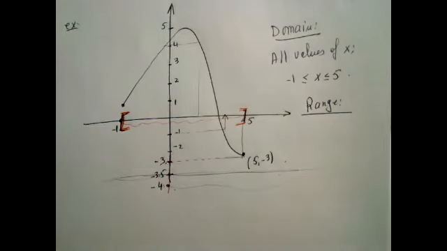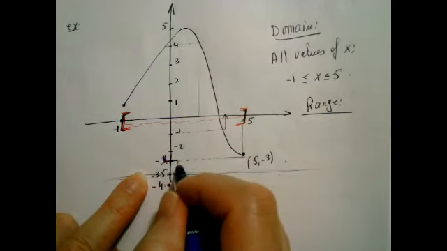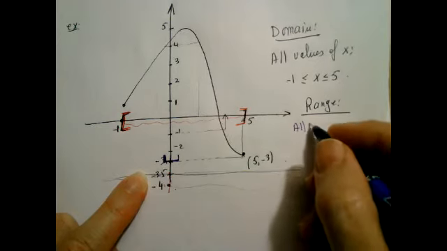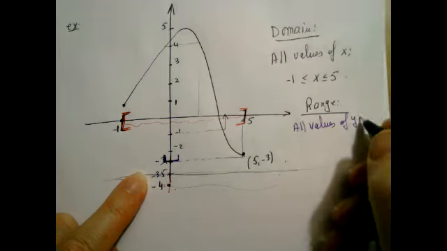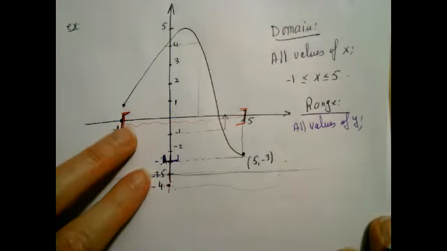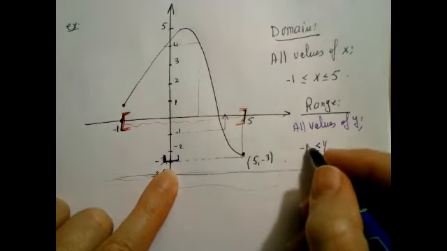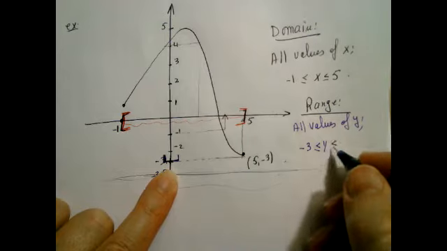So what is the range? The range is going to be all the y values such that what? Where should the y be? The y should be between -3 and what?